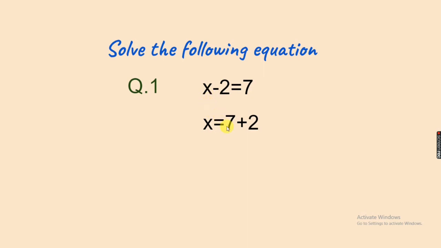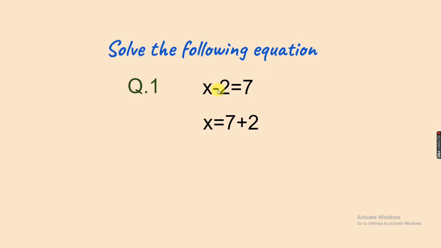Here you can see that x is equal to 7. We transposed this minus 2 to the other side, and it got converted into plus 2 or positive 2.